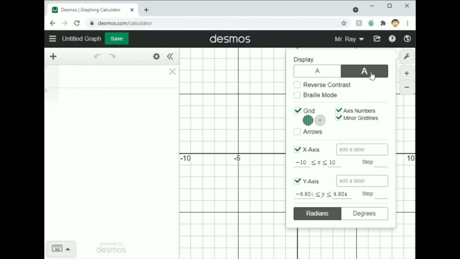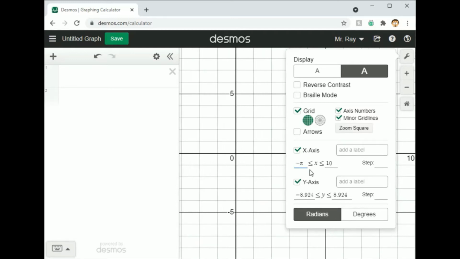Go to settings. I'll turn this on to make everything a little bit more bold and easy to see. And then my x values have to go from 0 to 2 pi. So let's go from negative. Here's a cool thing. If you punch in pi, just the 2 letters, it'll convert it to the symbol pi.